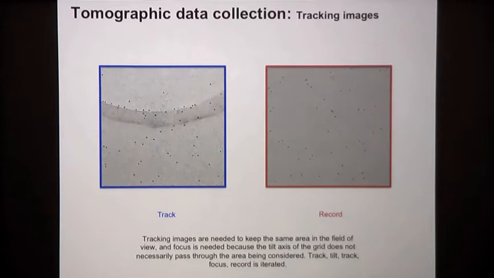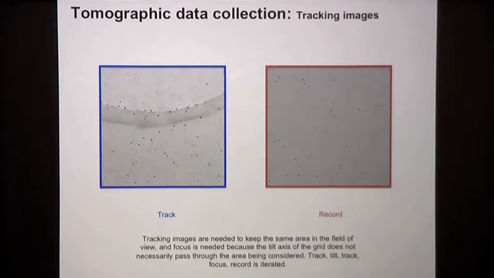So a typical tilt series data collection scheme would go like this. You would take a tracking image, tilt your stage, take another tracking image, and then cross-correlate the two tracking images to bring the feature of interest back into the field of view. Then take a focus image to apply the correct defocus on the microscope, and then take the next record image.